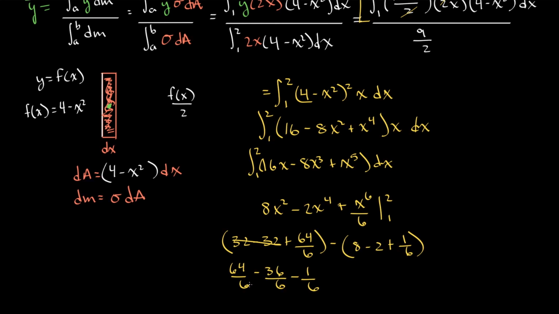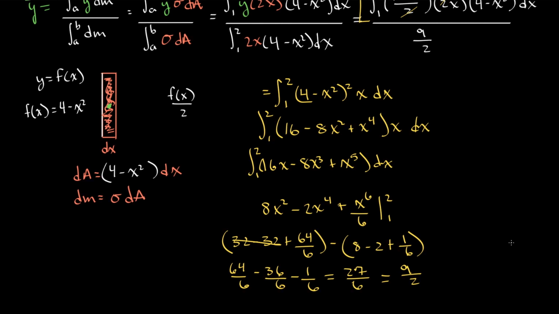Okay, that looks good. All right, so let's continue. Let's see if I can do some mental math. This is going to be 28 and then 27 sixths. Okay. And then further simplifying, we can divide by 3, and we get 9 halves.